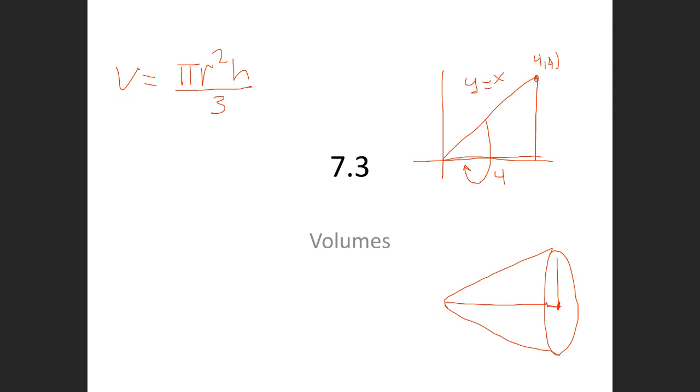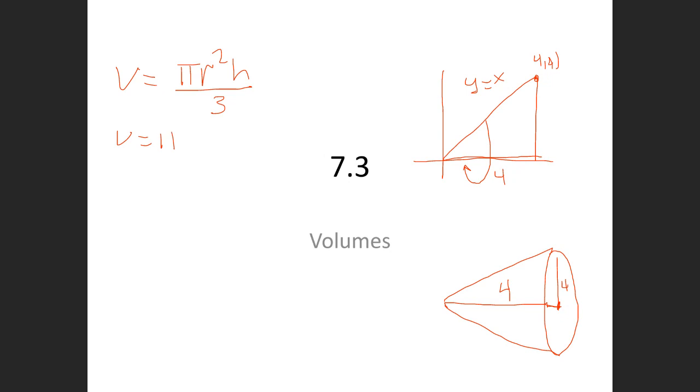In this problem, what is the height of this cone? 4. What is the radius of this cone? 4. So I should be able to find the volume of this cone, right?